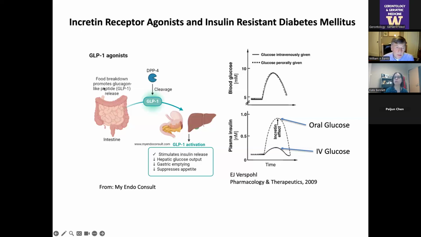And the reason is because when the glucose is absorbed across the GI tract, across the gut, and into the blood, it stimulates the release of GLP-1 and also its sidekick, GIP, glucagon-like peptide. And that, in turn, influences the release of insulin from the pancreas. So this is a mechanism by which the body helps to control postprandial glucose levels.